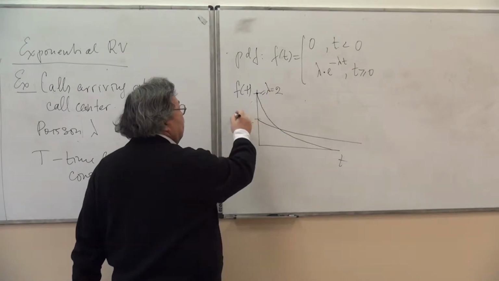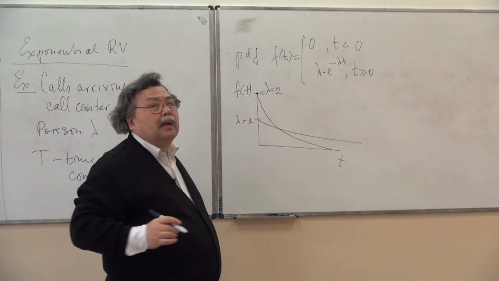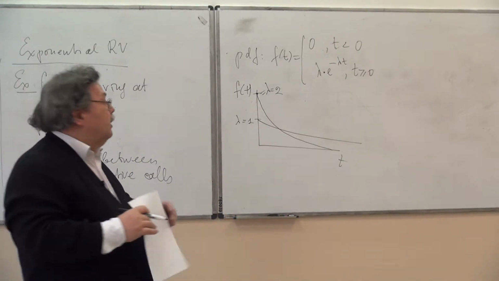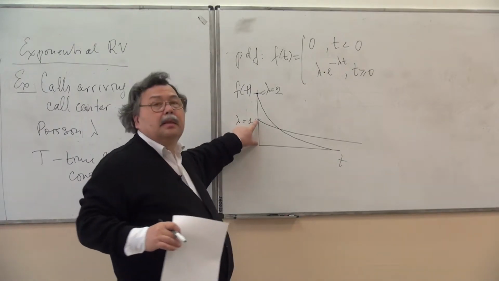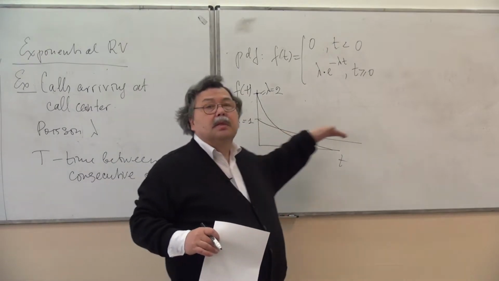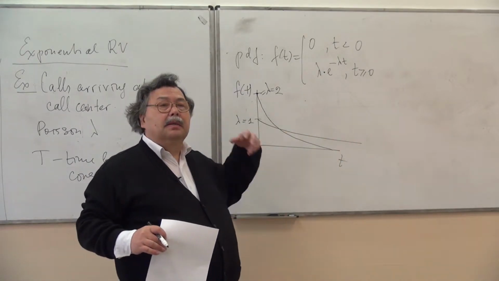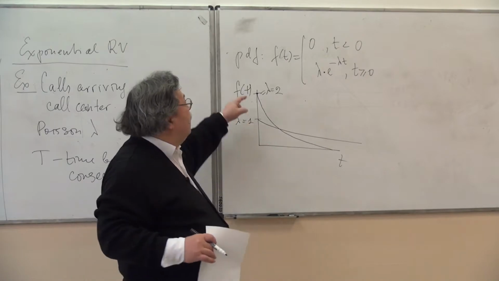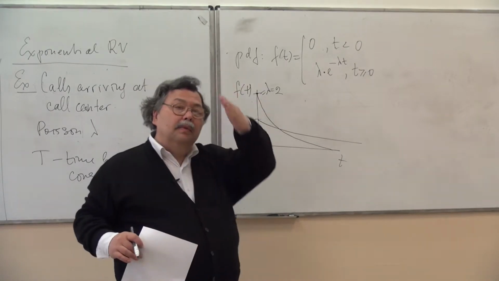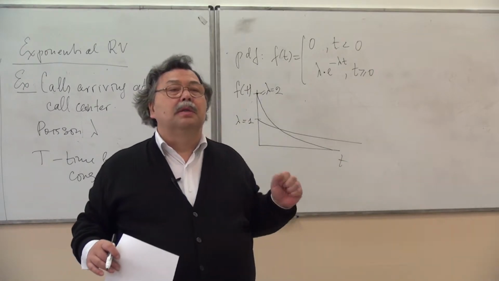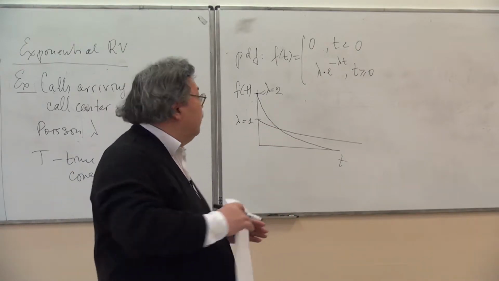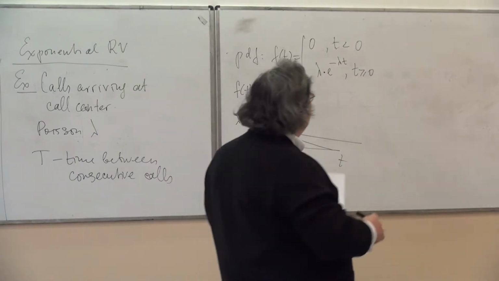If lambda is a smaller number, then it starts at a smaller y coordinate, but it's more spread out. If lambda is a larger number, then the beginning value is larger, but then the curve goes down and approaches the x-axis in a steeper way, more rapidly, like this.